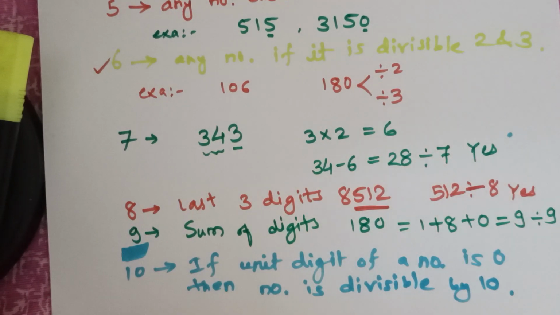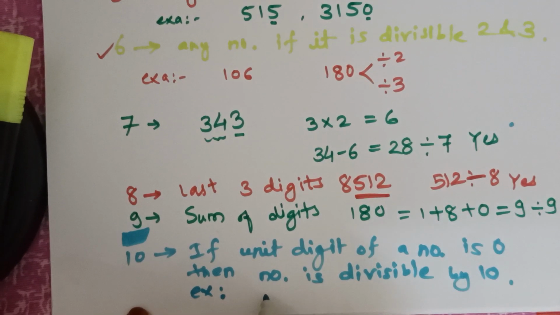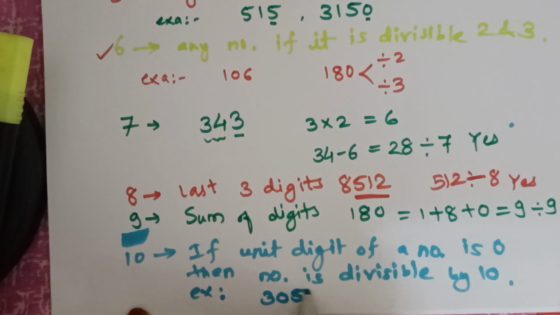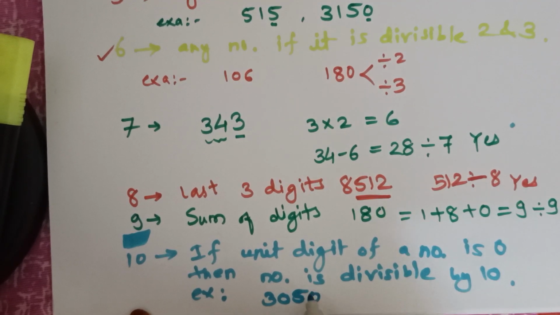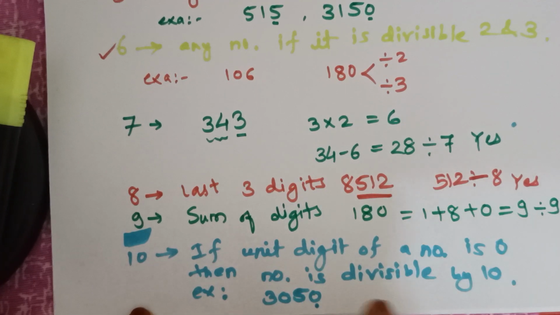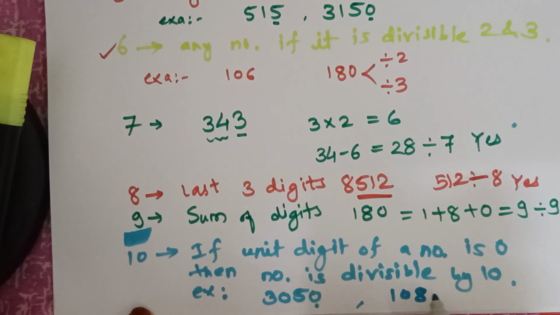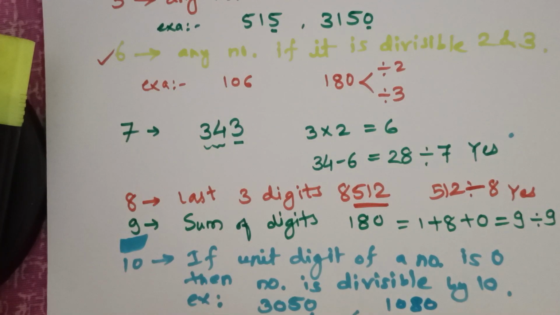So any number ending with 0, for example 3050, is completely divisible by 10. Another number, 1080, is also divisible by 10.